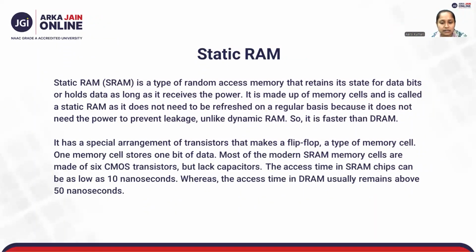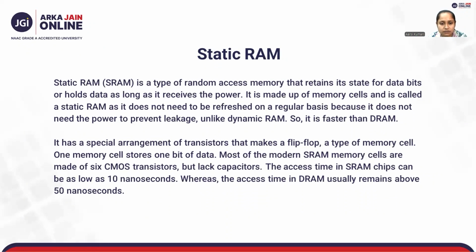Furthermore, its cycle time is much shorter than that of DRAM as it does not pause between accesses. Due to these advantages, it is primarily used for system cache memory, the high-speed registers, and small memory banks such as a frame buffer on a graphics card.